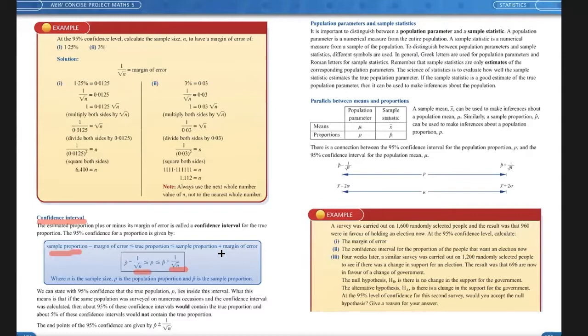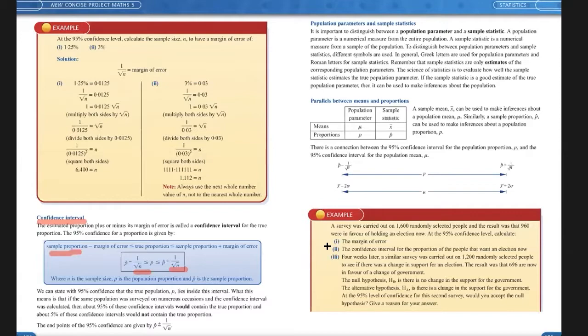So you create a plus or a minus around that sample data that you have, so that you now have a confidence interval, as opposed to just one piece of information, in my example 40%. You cannot stand over 40% because you haven't asked the entire population, you've only asked a representation or a sample out of it. So that's why you have to protect your answer with a confidence interval, or with a margin of error.